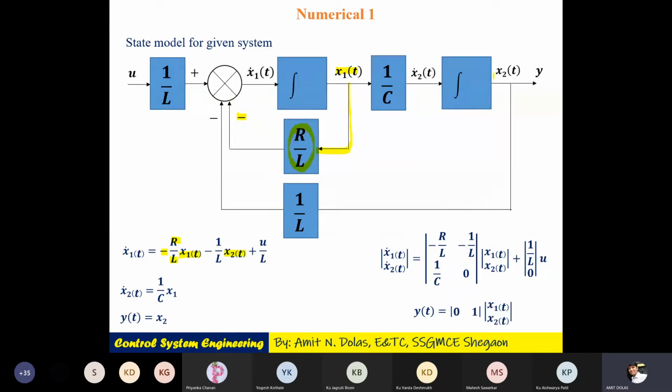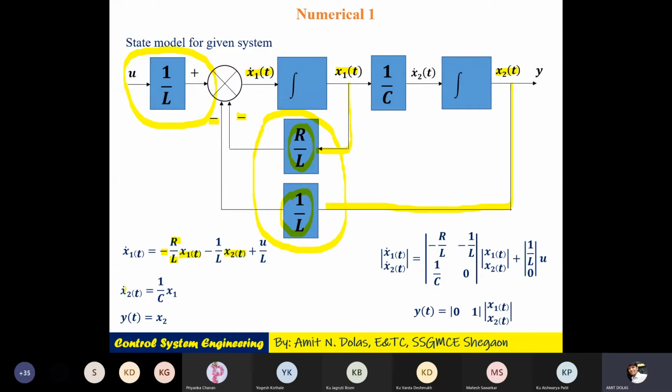Another one is x2. Where is x2? Here is x2. The x2 signal is coming, it passes through the element 1 by l again. Logically it is minus 1 by l, but we will not write the minus sign here, so the minus sign here will subtract. Means whatever signal is coming from the input through this element, from that these two elements along with states x1 and x2 will be subtracted and we'll get x1 dot.